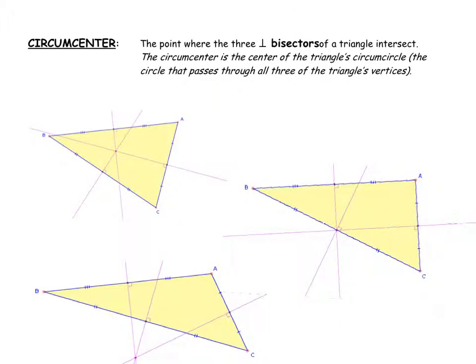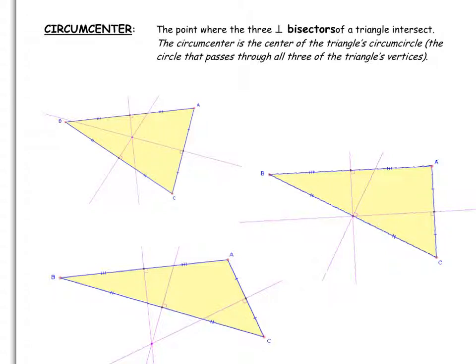Okay, and so here we have the circumcenter of these different triangles. The circumcenter is the center of the circle, and if we were to draw a circle around this, it would include all the corners of our triangle.